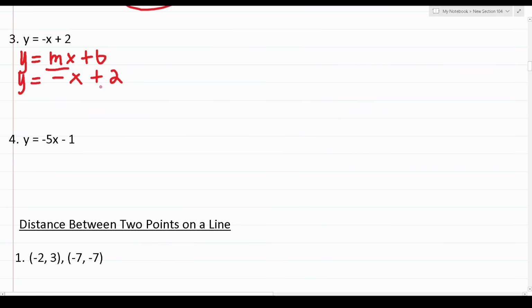As we've seen already, we don't express exponents when they're ones, and the same is true when we have a coefficient of 1. So technically, there's a negative 1 in front of this x. We could just circle this m to indicate that negative 1 is going to be our slope. So our slope in this case is negative 1.